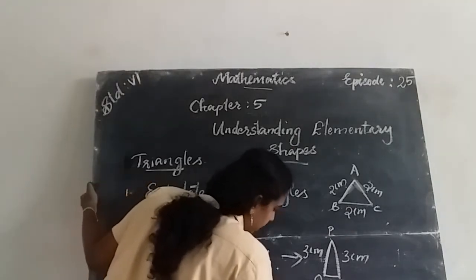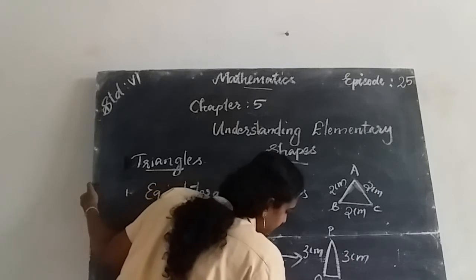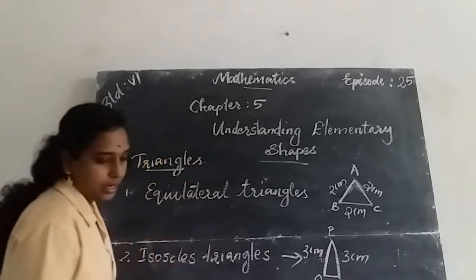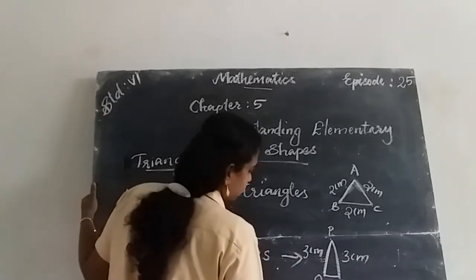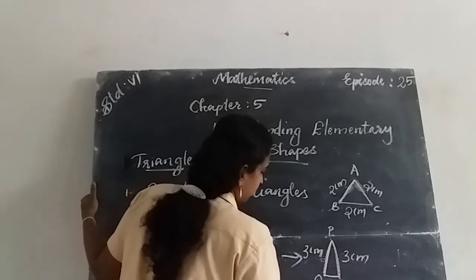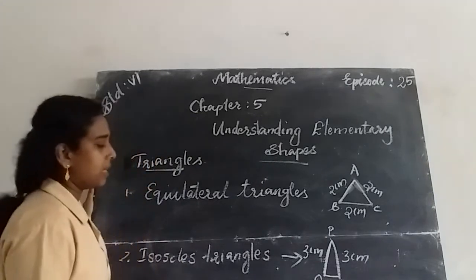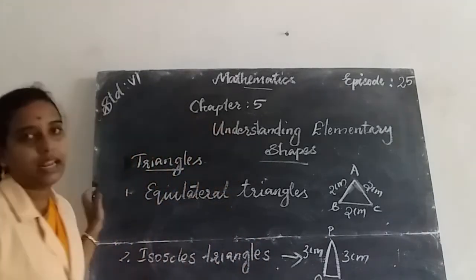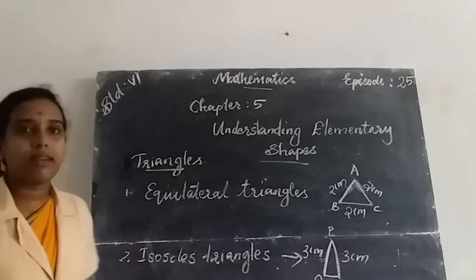If we draw a triangle this way, and here it measures 2 centimeter, and here this is 3 centimeter, and here this is 4 centimeter. Then we can say that the three sides of the triangle are of different length, and it is a scalene triangle.